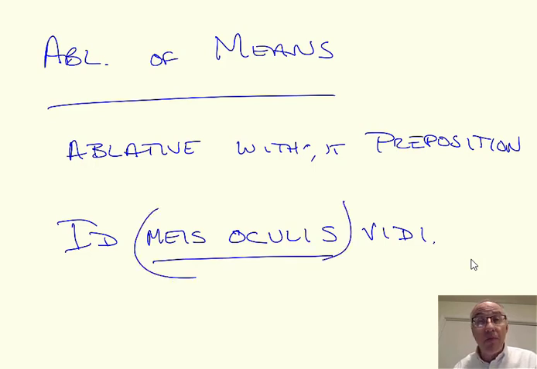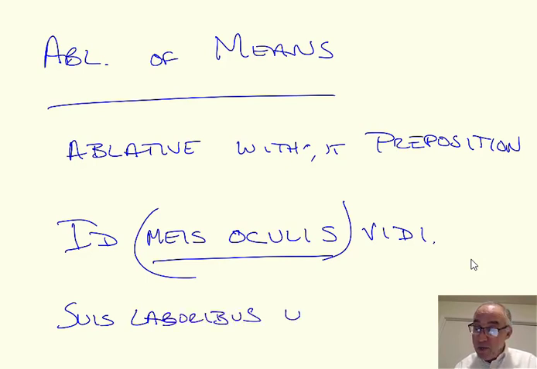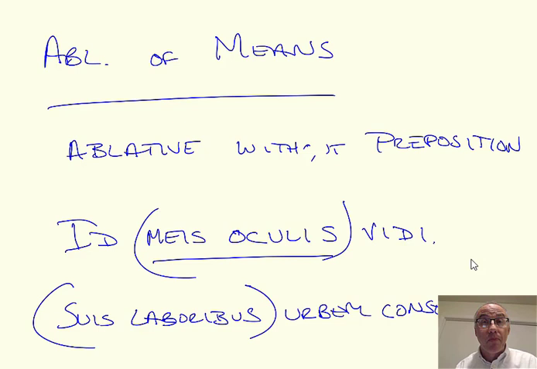This is your ablative of means, no preposition. By his own labors, suis laboribus, the city he saved, conservavit. By means of his own labors. This is your ablative of means here.